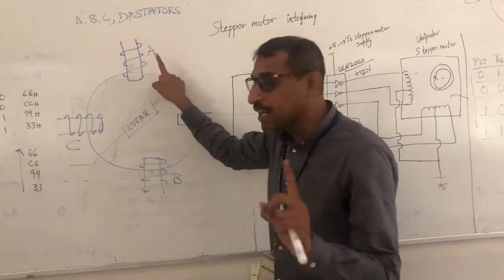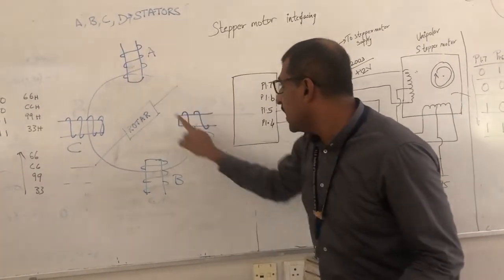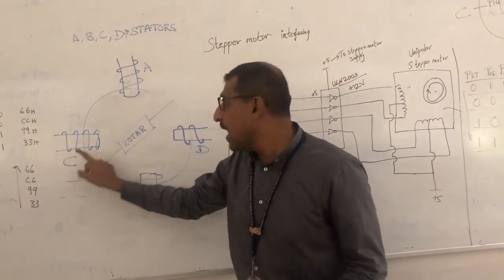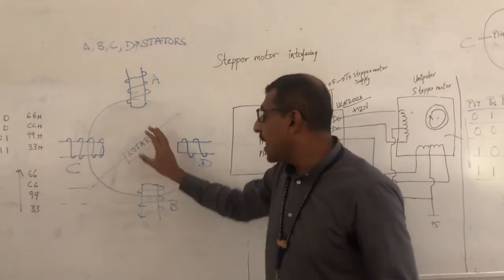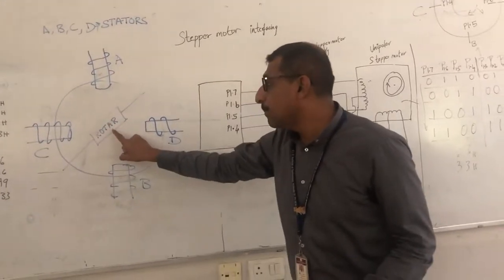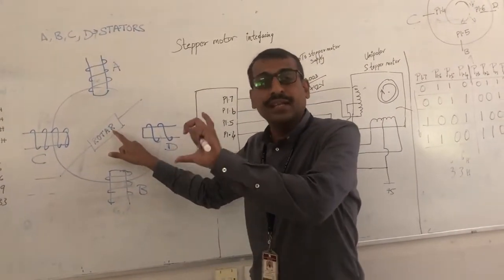You can see the sequence: stator A, stator D, stator B and stator C. We have 4 stators, and these stators are responsible for the permanent magnet rotating inside.